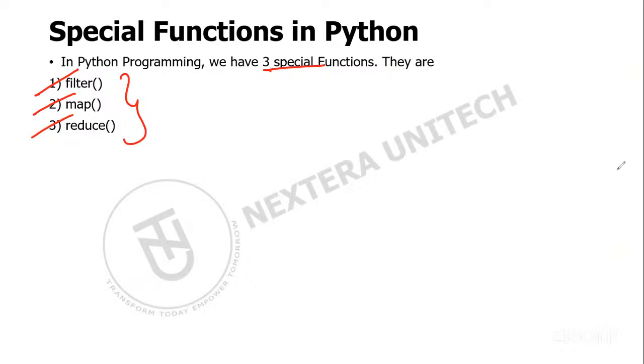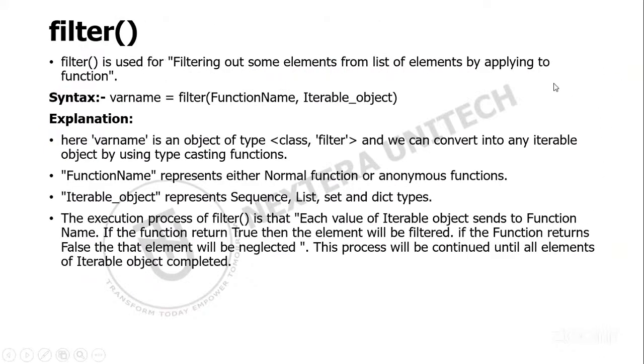Let us understand the filter function first. So what is this filter function? The purpose of using the filter function is to filter out some of the elements, not all. It depends. For filtering some of the elements from a list of elements. How?